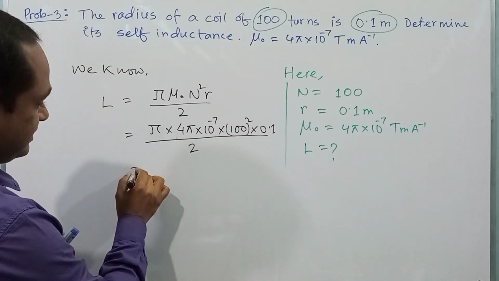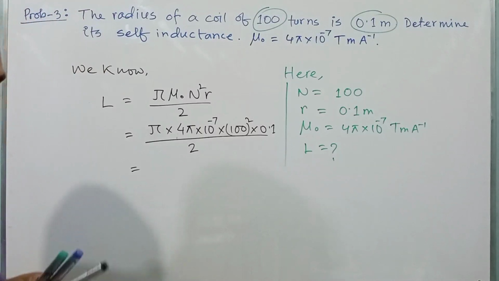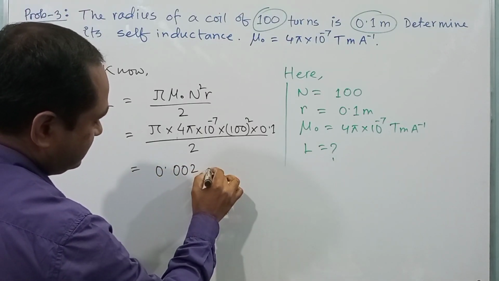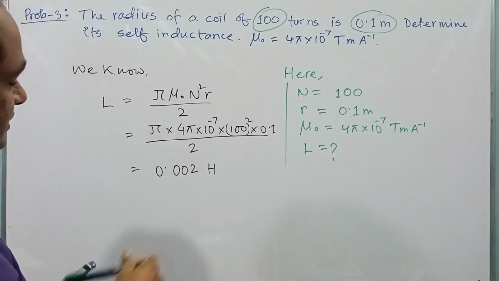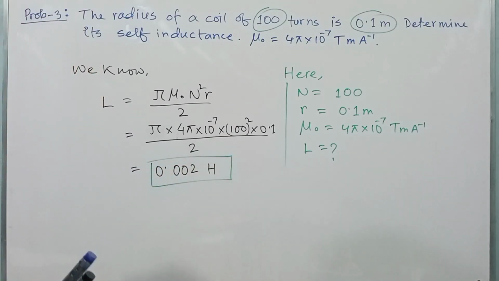After the calculation you will get 0.002 Henry. So this is the final answer for our question 3.